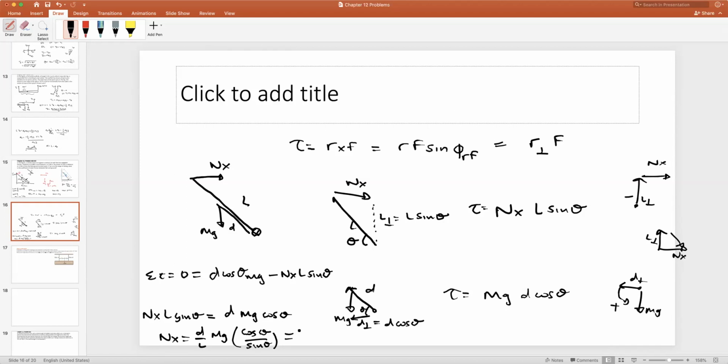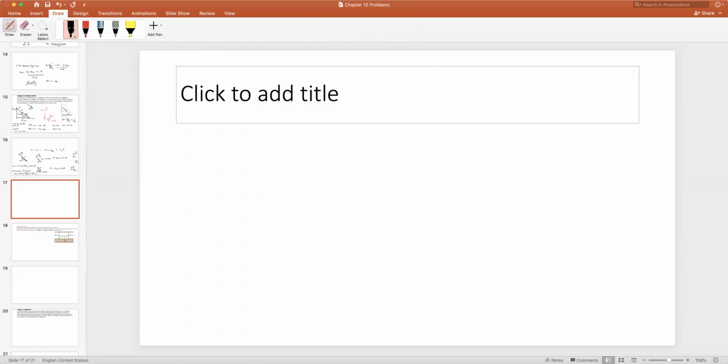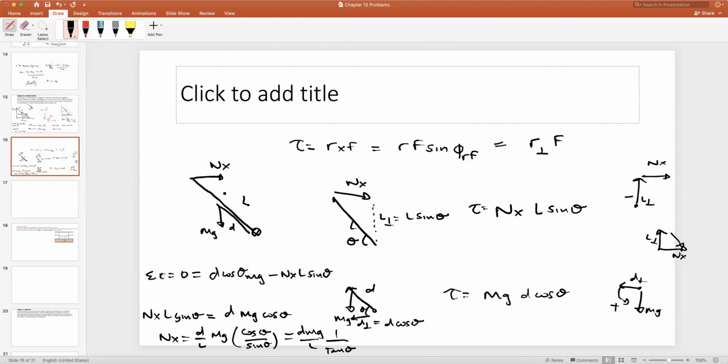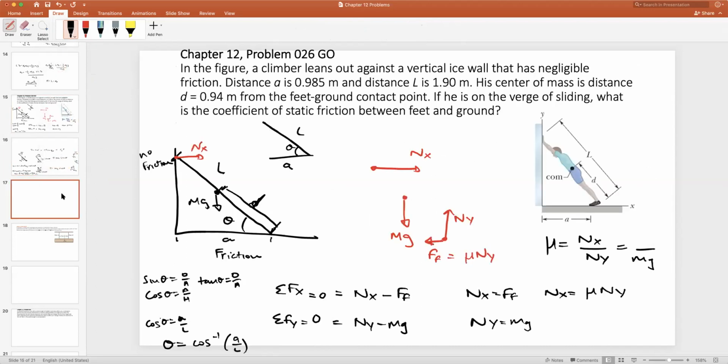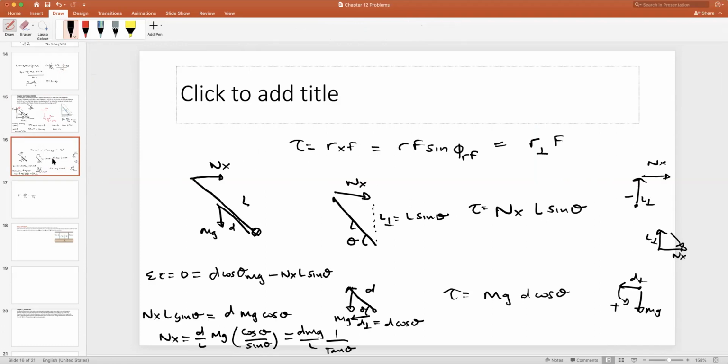But this is simply 1 over tangent. So I have mu is nx over ny, and I know that this is mg, and I know that this is D mg over L over 1.